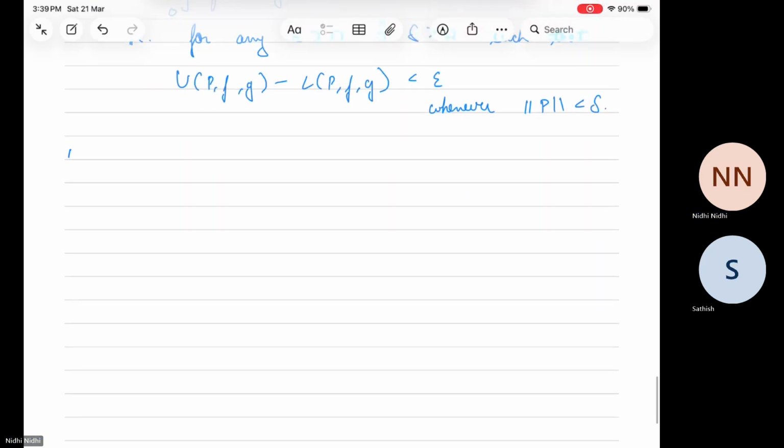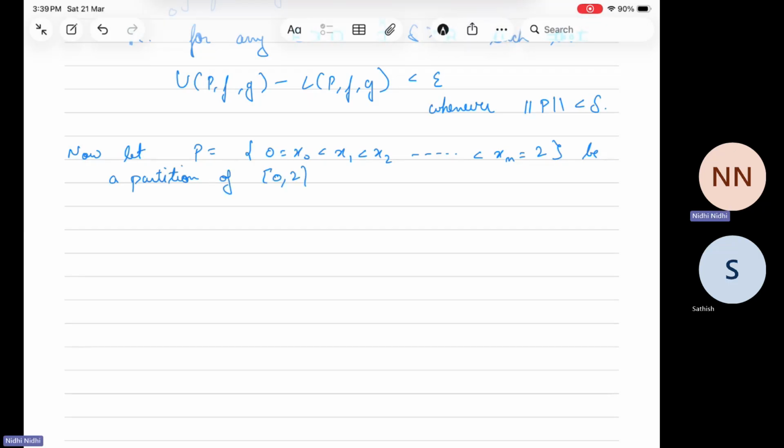So now let P, which is equal to {0 = x0, x1, x2, and so on up till xn = 2}, be a partition of the closed interval [0, 2] such that its norm is less than delta and the jth element of this partition is exactly equal to 1.